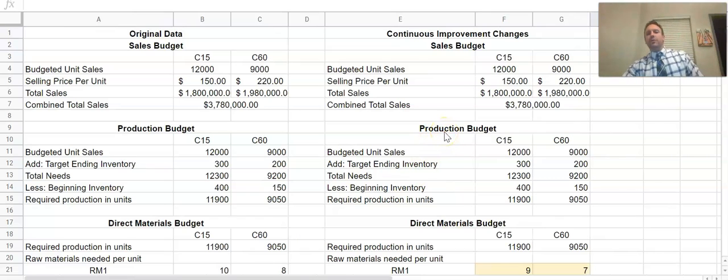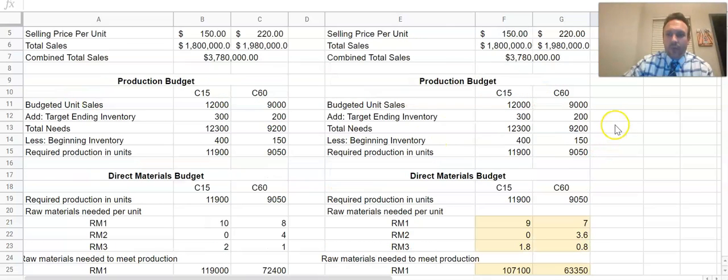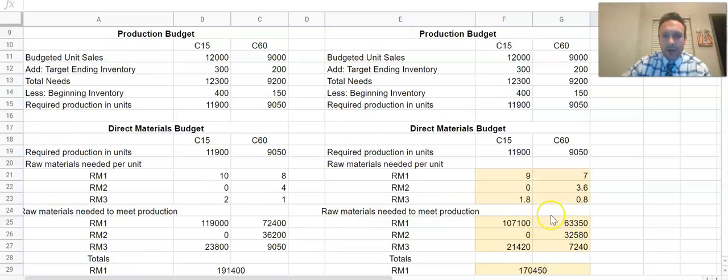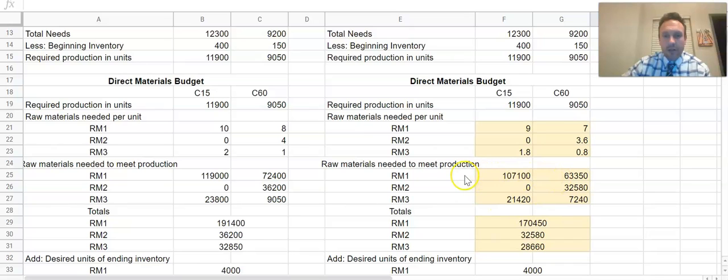So we have chosen to highlight which sections are going to change based on the new information. So we have new information regarding the raw materials needed per unit, which we're going to input here. And so this changes the raw materials needed for us to meet production.